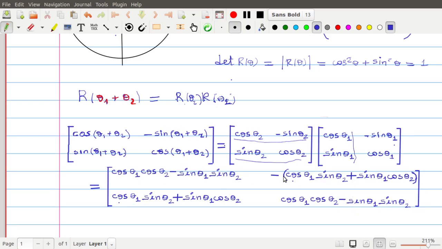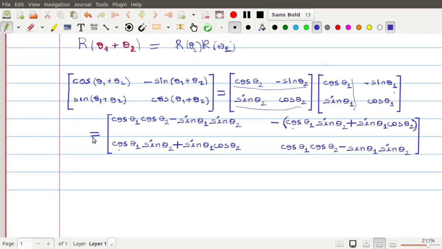Now, since these two matrices are equal, we can equate the like entries. To make the thing fast, I will just copy this.